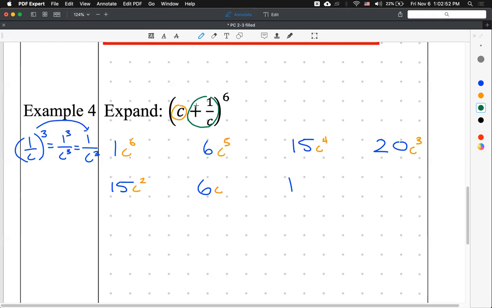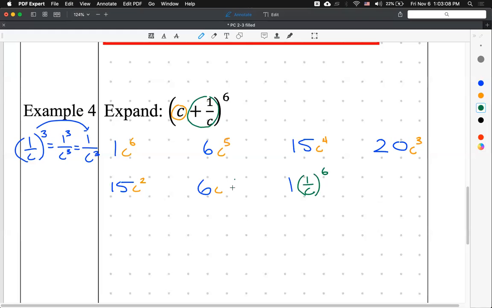Notice that at the second term, I always circle the sign in front just in case it is a negative. In this case, it's a positive, so I don't have to. And I'm going to start on the very right-hand side. So this is going to be 1 over c, and that's all going to be to the power of whatever this original power was, 6.